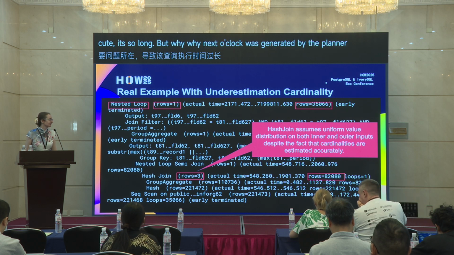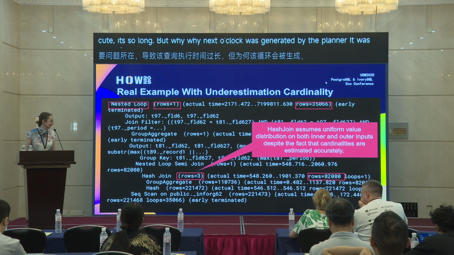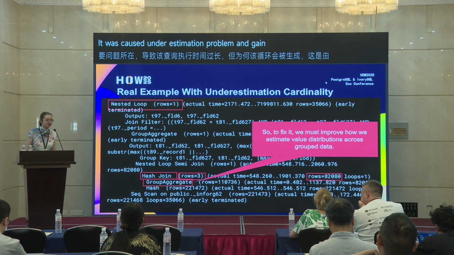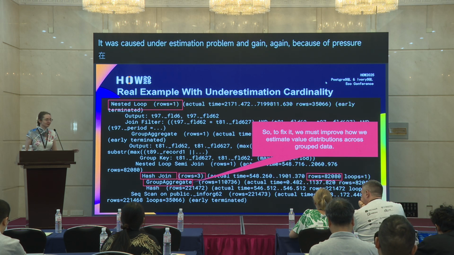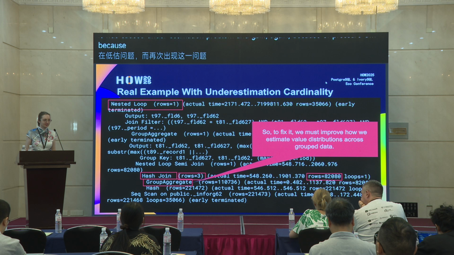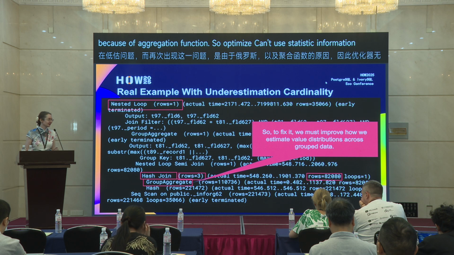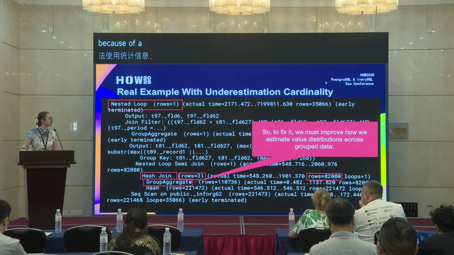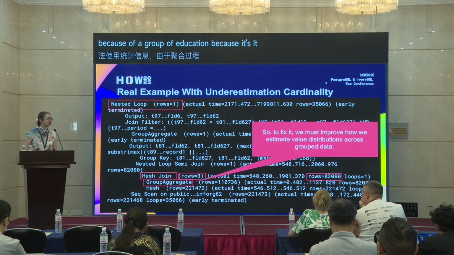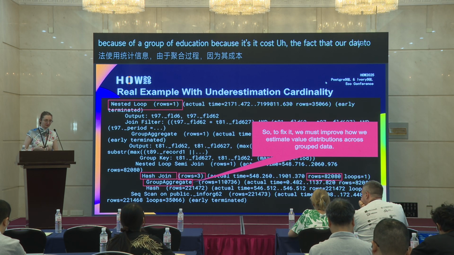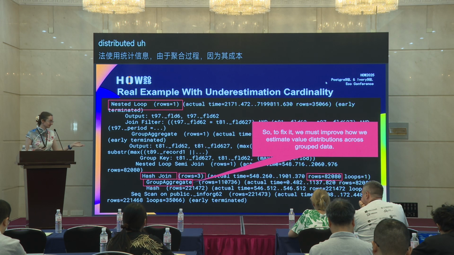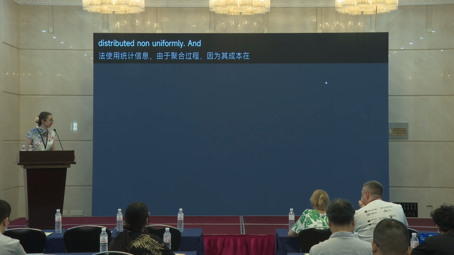It was caused by an underestimation problem again and again because of the aggregation function. The optimizer can't use statistical information because of group aggregation, which is caused by the fact that our data is distributed non-uniformly, and so we had a problem.